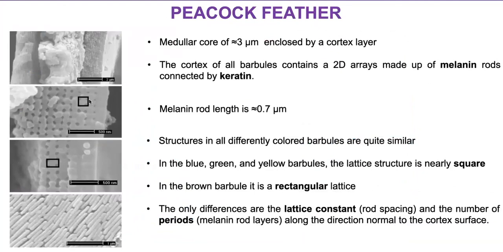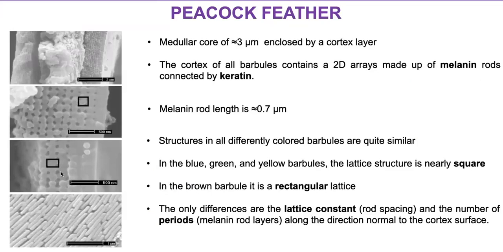It has a core of about 3 micrometers, and the barbules contain a two-dimensional array of these rod-like structures. These rod-like structures are arranged as a square lattice in green, whereas in brown it is a rectangular lattice.